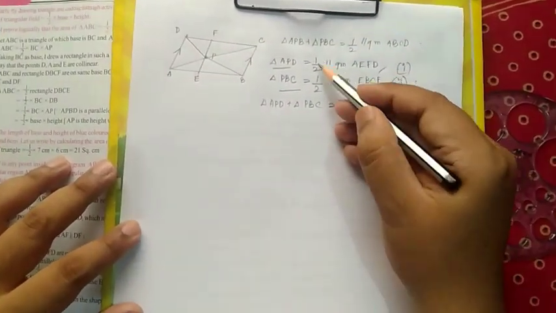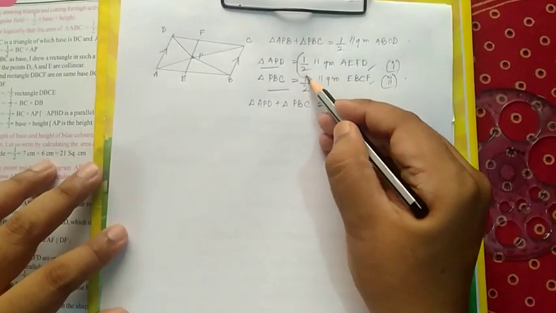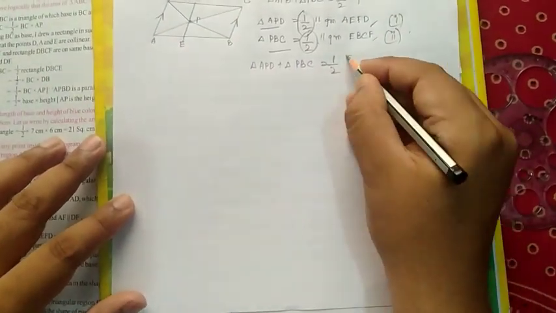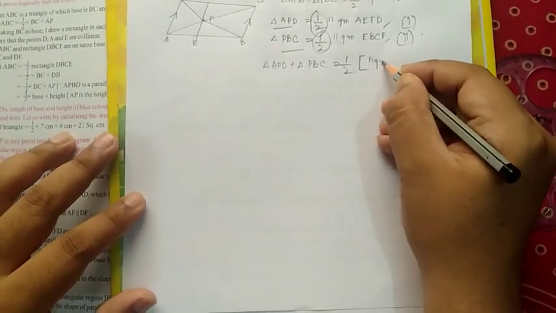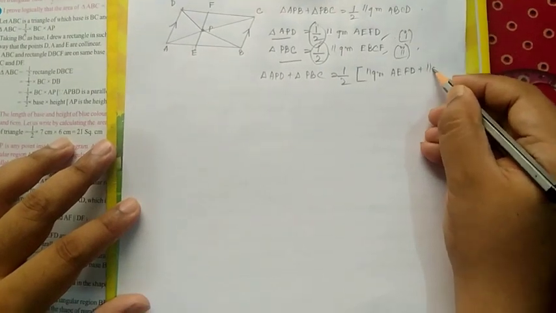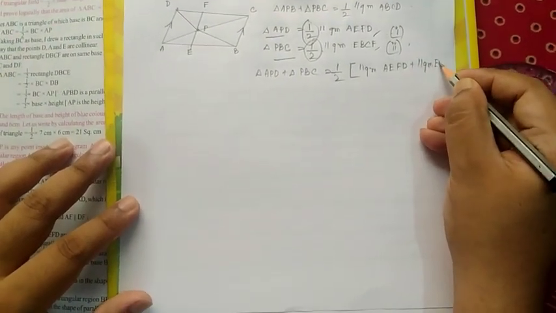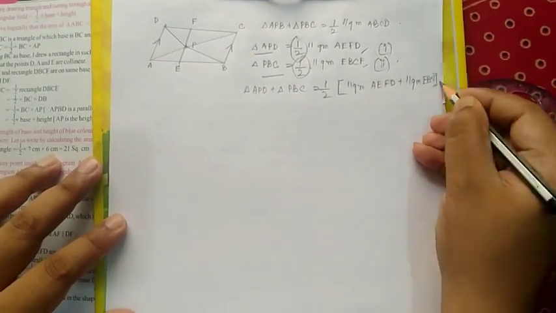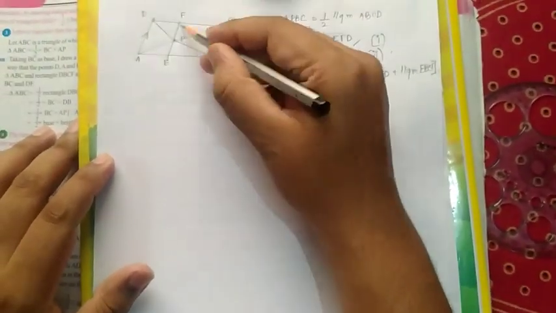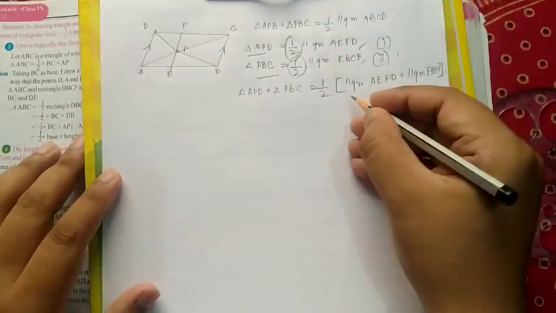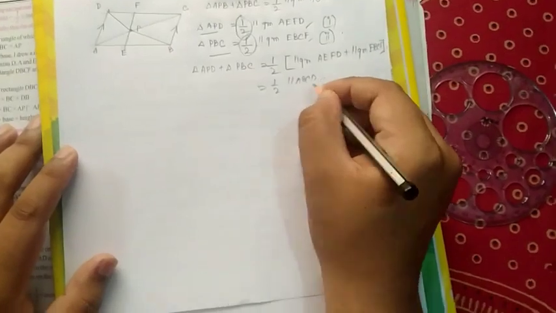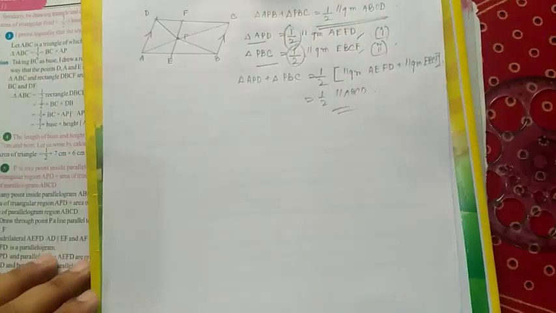From both we can take half common, because half is given in both. So we get half of parallelogram AEFD plus parallelogram EBCF. You see, AEFD and EBCF together make the total parallelogram ABCD. So it is half of the parallelogram ABCD. So now this is the proof.